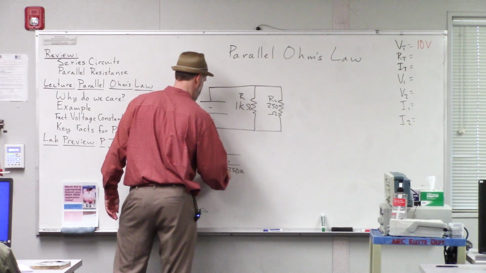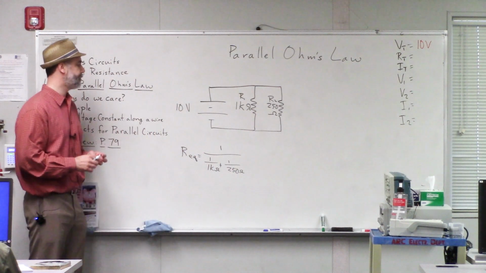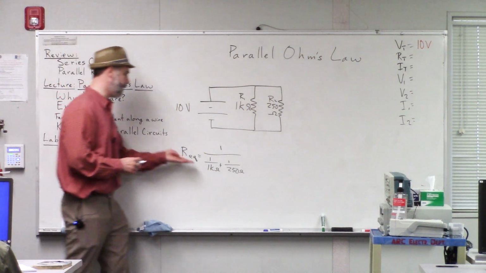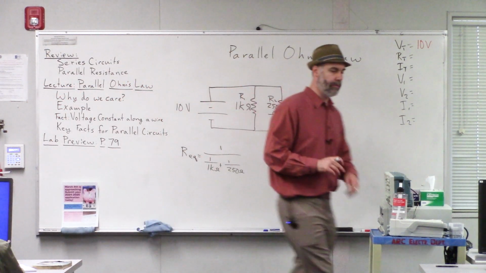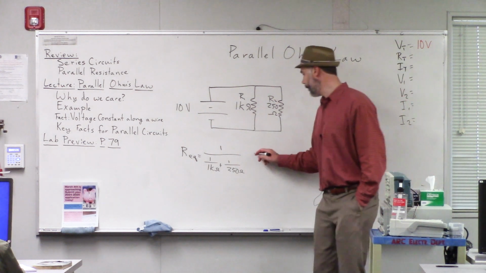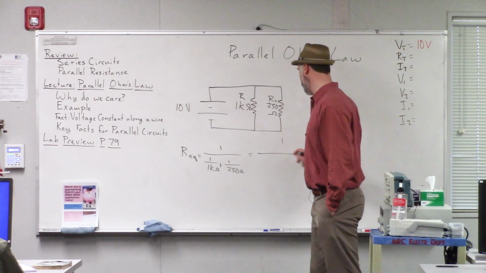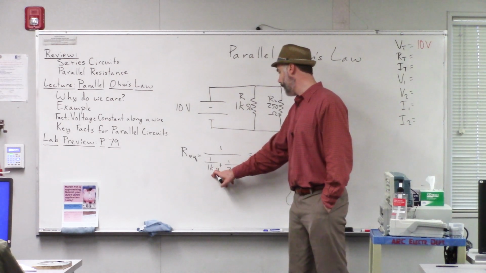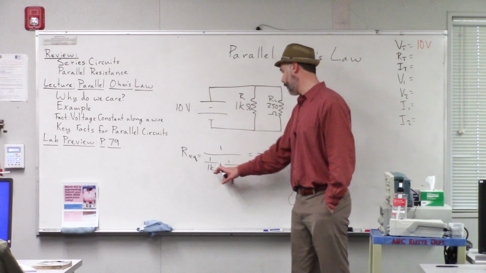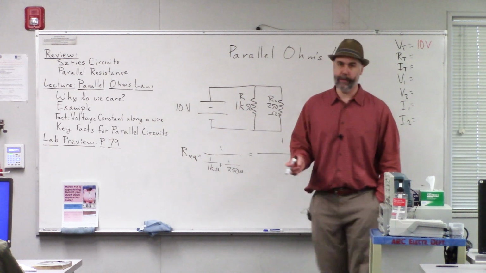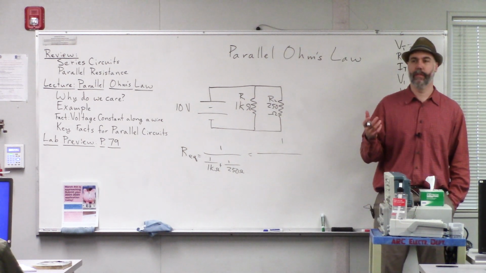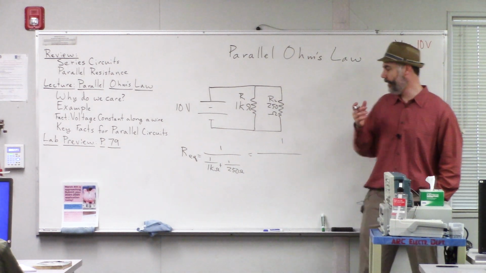Okay? So then, let's figure these things out. So that's 1 over, and then I do 1 over 1k. So 1 over 1, that's just 1, right? No. Why not?